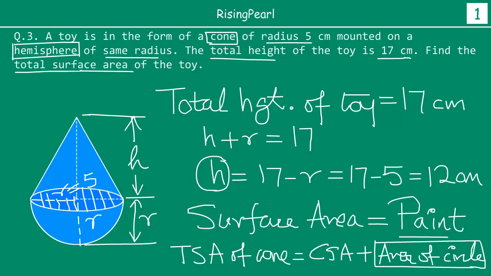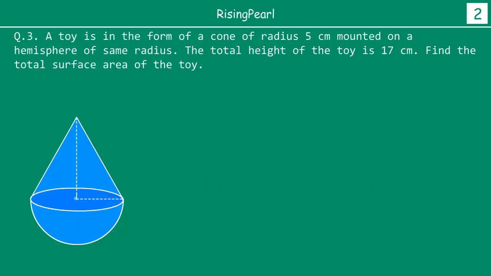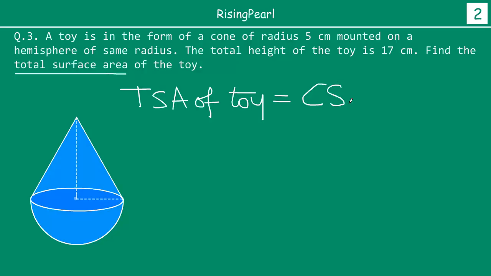Let's clean this up and write it a little more clearly. The total surface area, let's call this TSA, of the toy will be equal to the curved surface area of the cone plus the curved surface area of the hemisphere.